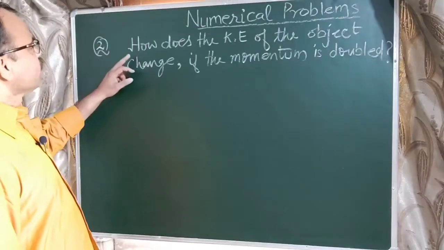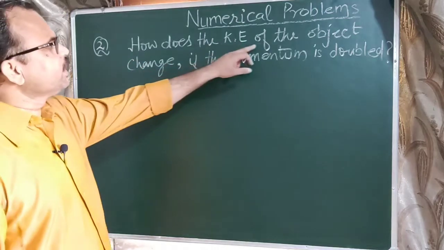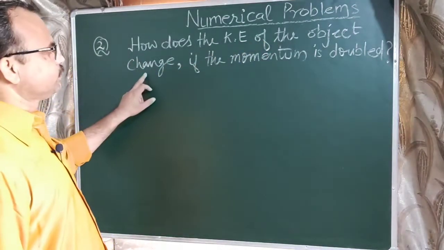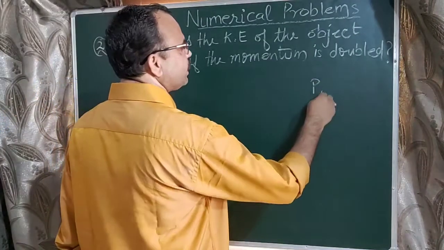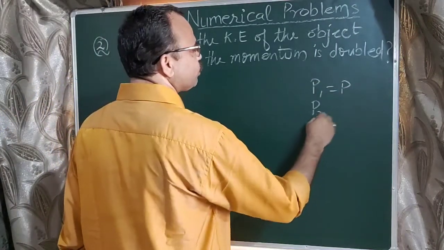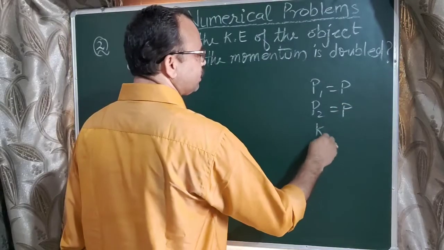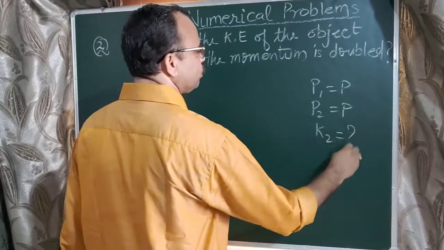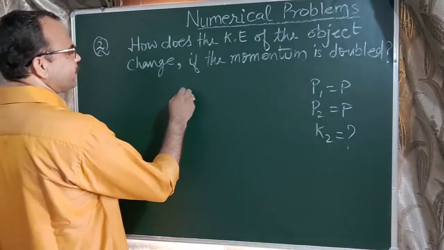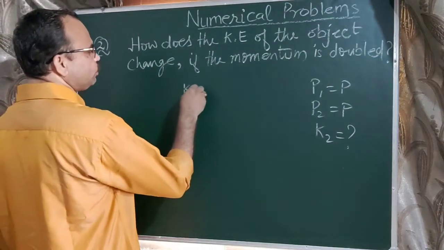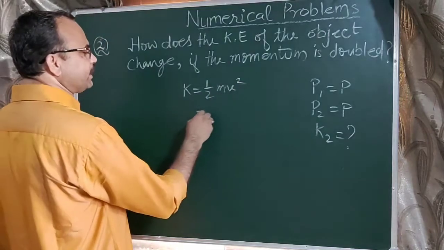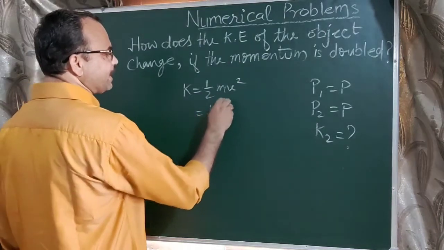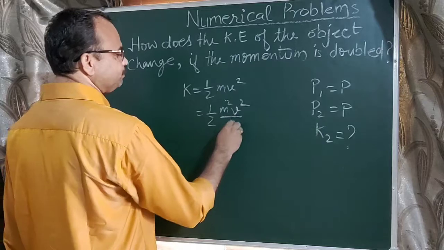Now note the second problem. How does the kinetic energy of an object change if momentum is doubled? It means p1 equals p, p2 equals 2p, then K2 equals question mark. So as we know that K equals 1 upon 2 m v square, or multiply and divide by m, so 1 upon 2 m square v square upon m.